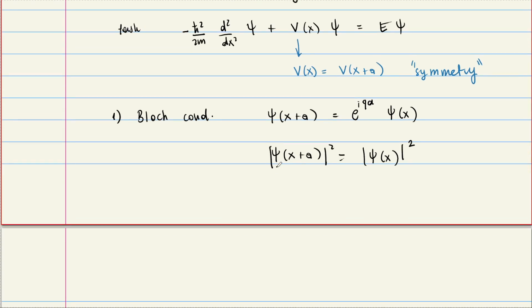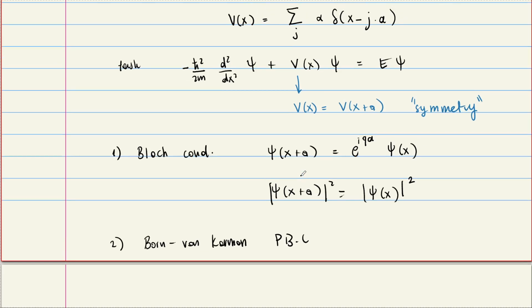So this is the first condition we will use when we solve this. And the second condition is periodic boundary conditions, or sometimes technically it's called Born-von Karman periodic boundary conditions. So this is not necessary in reality, but in solving the problem it makes it much easier, right?